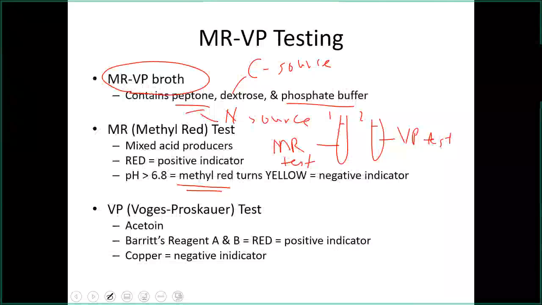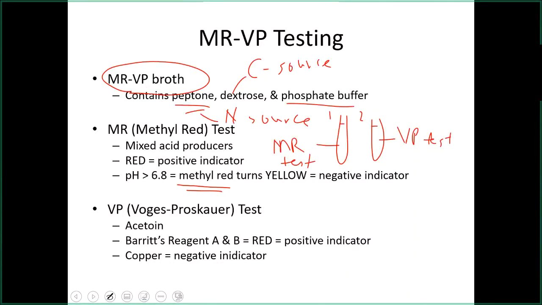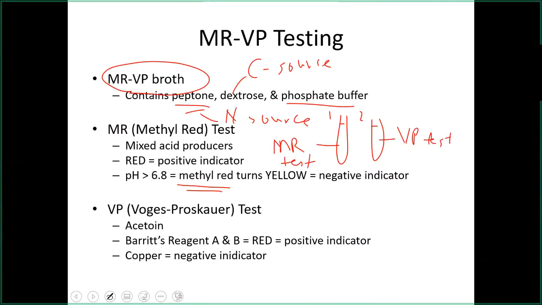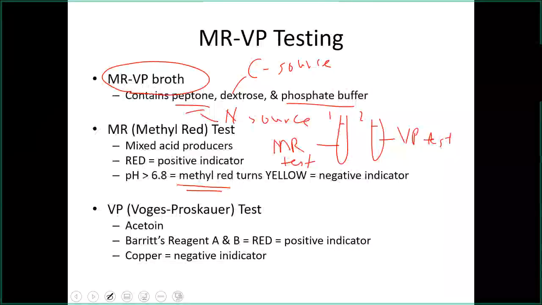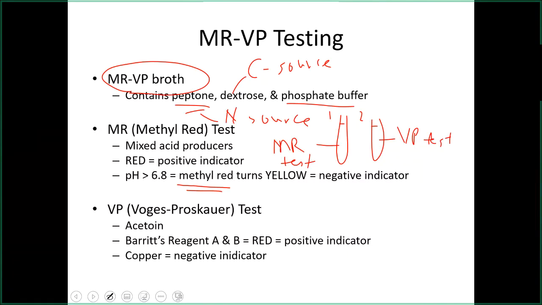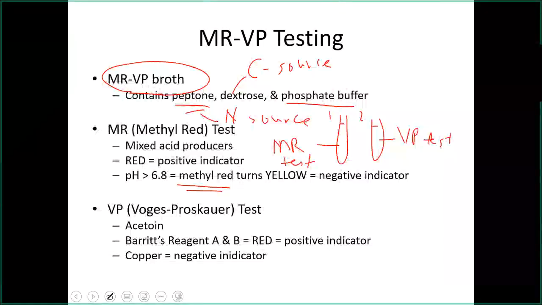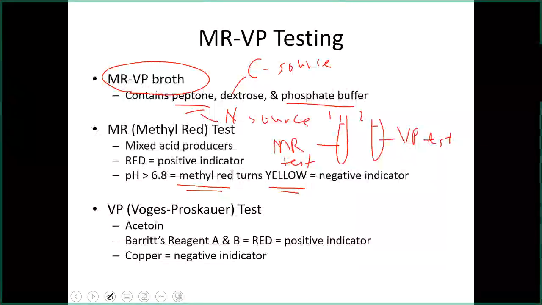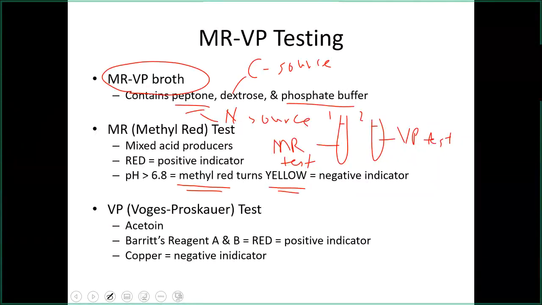This one will not turn yellow in the presence of acid. It'll actually become even more red. All right, so that's unusual. Usually we expect a pH indicator to change color in the presence of acid, but this one doesn't. This one stays red. If it turns yellow, that means alkaline byproducts were produced, right?